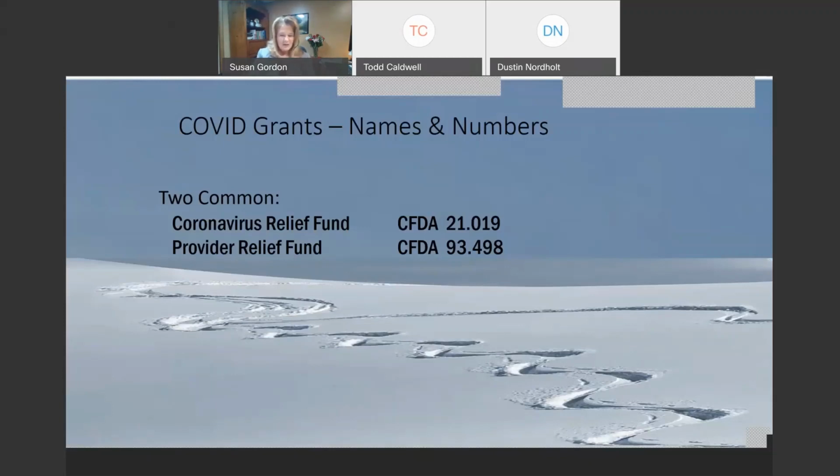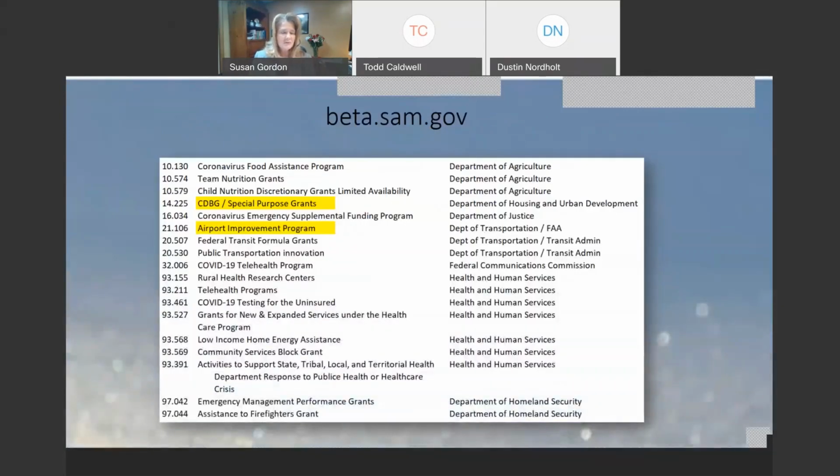Those are the two most common ones we have. However, if you have others that you're not sure what their CFDA number is, you can go to beta.sam.gov and you can look those up. And we do have a slide here that for CDBG special purpose grants or the Airport Improvement Program, we have those CFDA numbers highlighted here because those are also common.